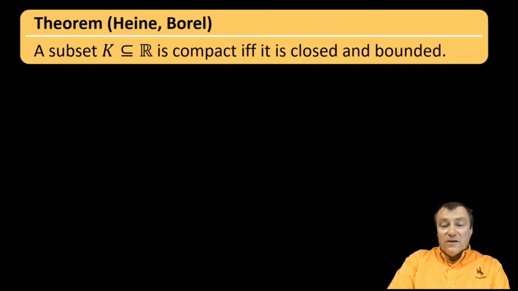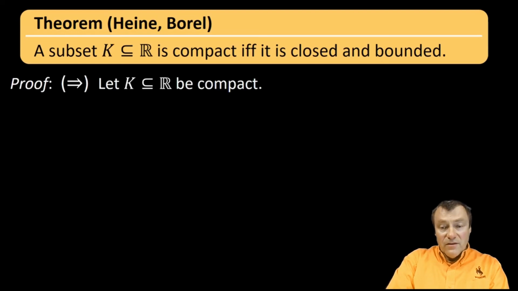And now, here is the more general form of the Heine-Borel Theorem. A subset of the reals is compact if and only if it is closed and bounded. In the forward direction, let K be a compact subset of the reals.